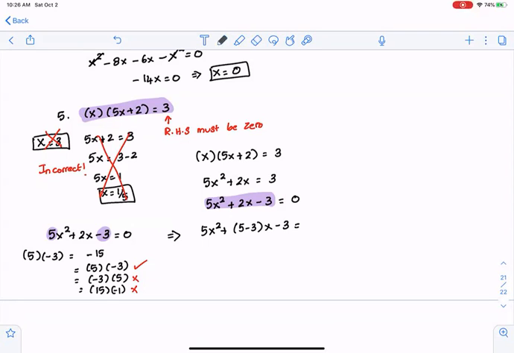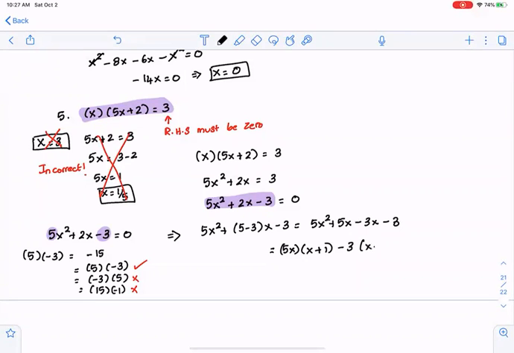5x squared plus 5x minus 3x minus 3. We have a 5x in common between the first two terms. If I pull that out, I would get x plus 1. I have a negative 3 in common in the last two terms.